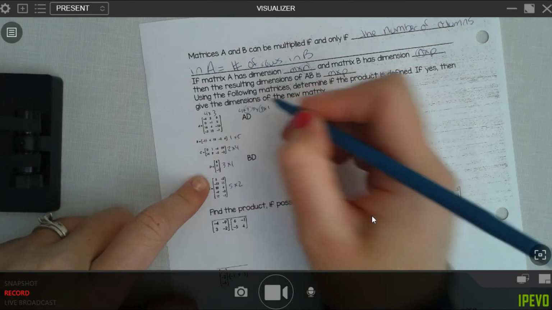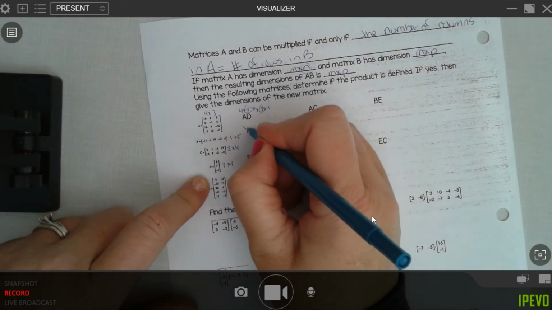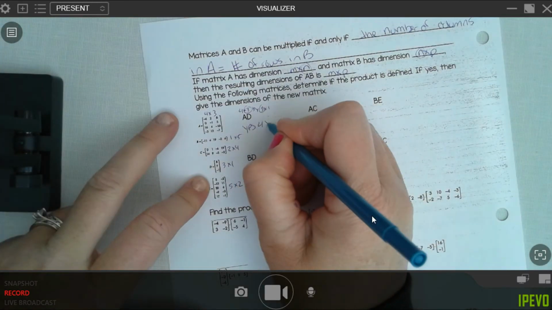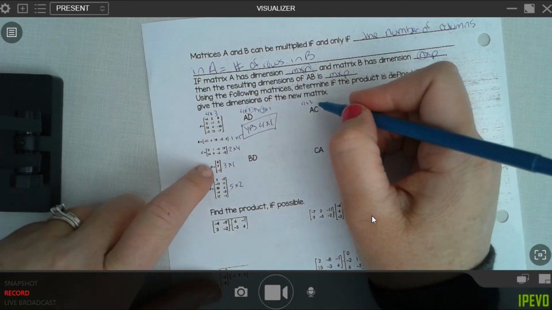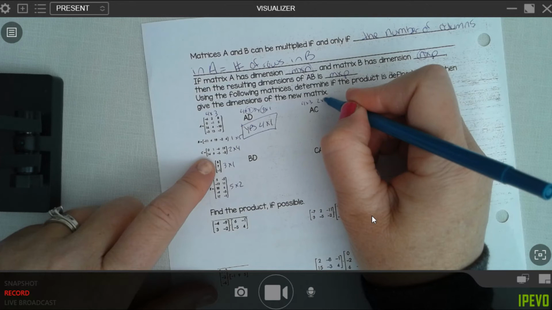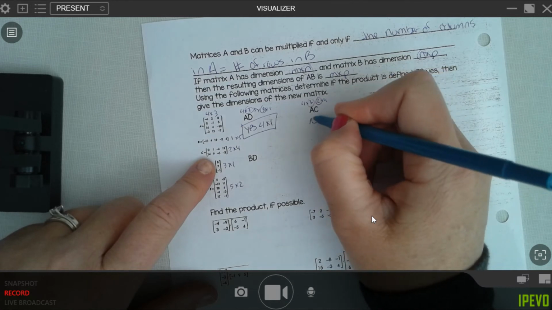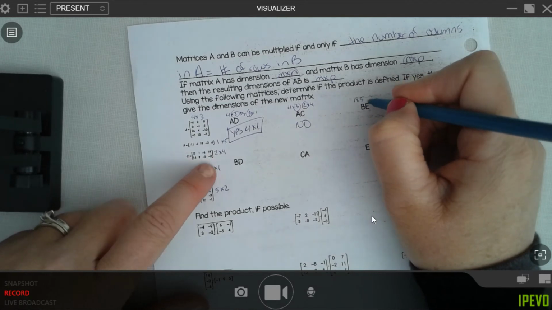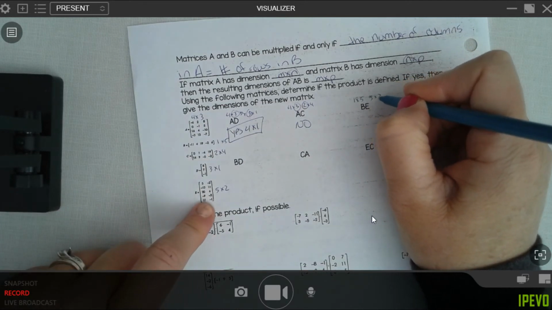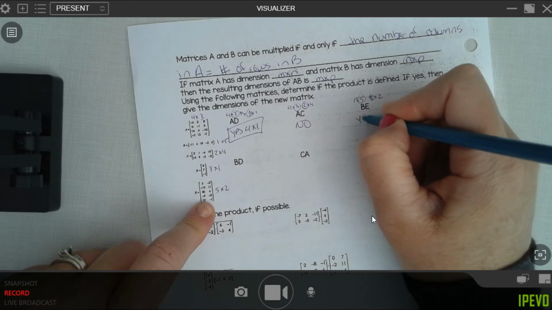That 3 and that 3 match, so the answer is yes. The resulting answer is a 4 by 1. So if I do AC, that would be a 4 by 3 times a 2 by 4. Those don't match, so no. B would be 1 by 5 times a 5 by 2. Those match, so yes, we get a 1 by 2.